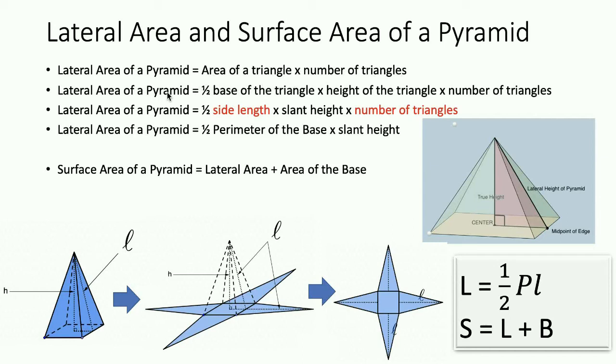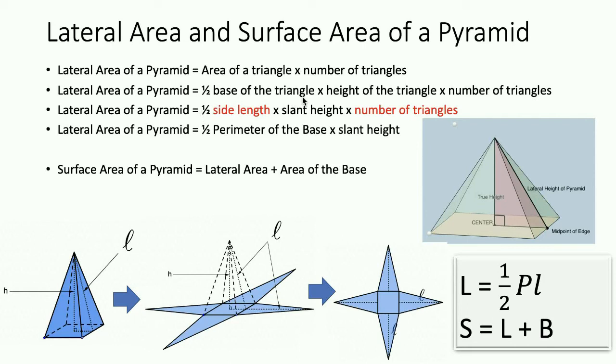So the lateral area of a pyramid is 1/2 the base. Remember it's 1/2 base times height, so 1/2 the base of a triangle, times the height, and then times the number of triangles.